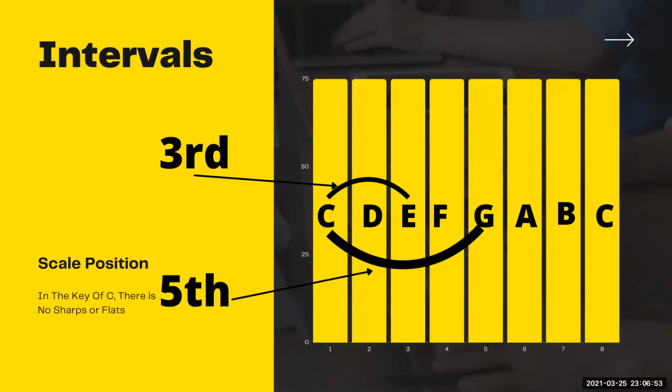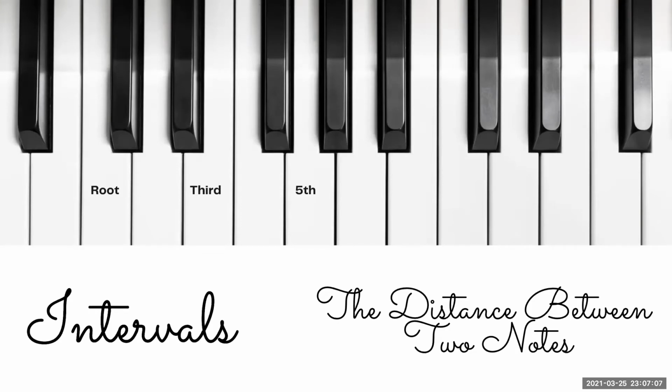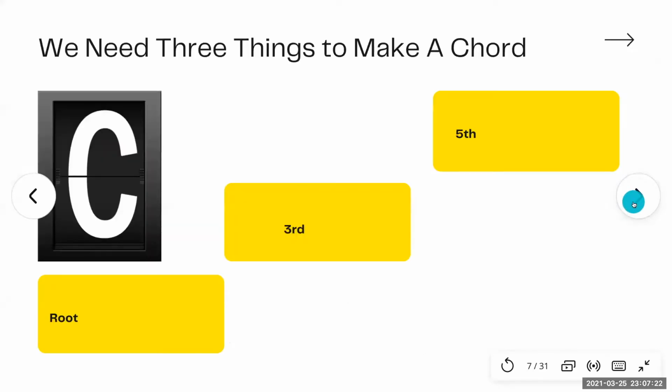G is the fifth degree of the scale. When we play the two together, we call that interval a fifth. Those are the ones that we need. Up here, I've got the root on C, a third on our E note, and our fifth on our G note.